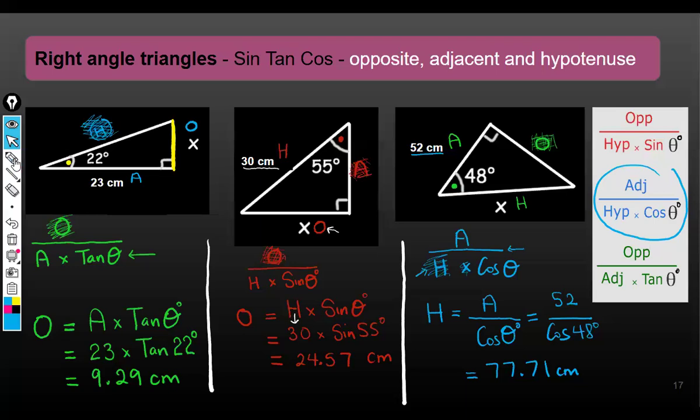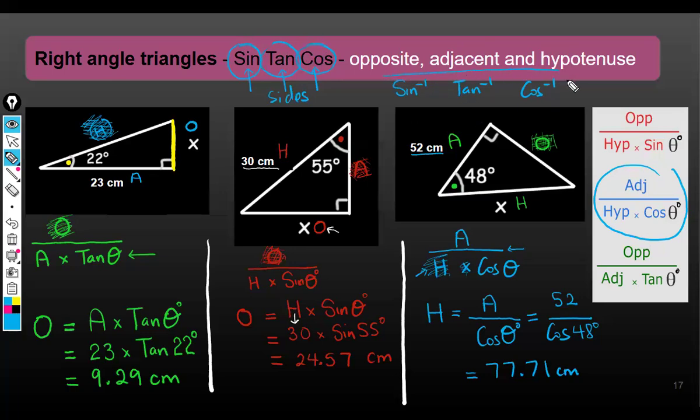But one thing I need you all to realize: in all of these questions, didn't you use regular boring sine, tan, and cosine? At any point, did you have to use sine inverse, tan inverse, or cosine inverse? In other words, did you have to press the shift button or second function button? Nope. Whenever you are finding sides, to me, finding sides is the easy questions. You will always end up using regular boring sine, tan, and cosine. This is for when you're finding sides.